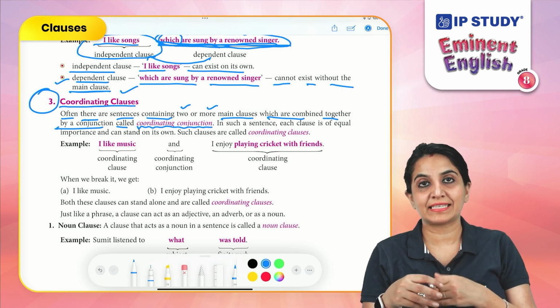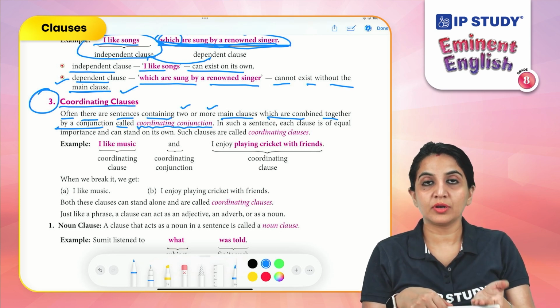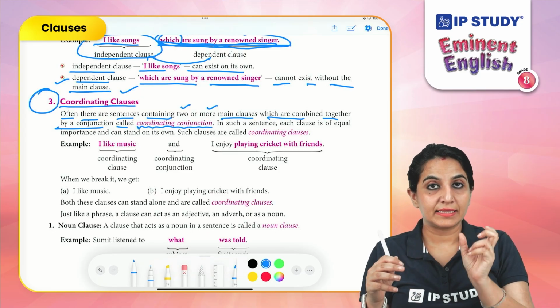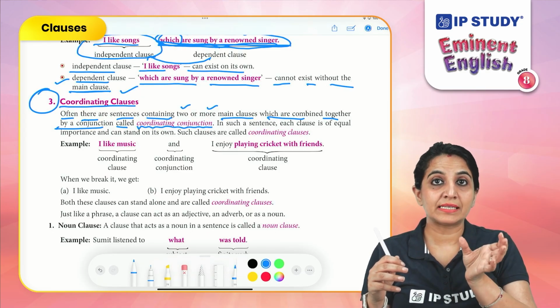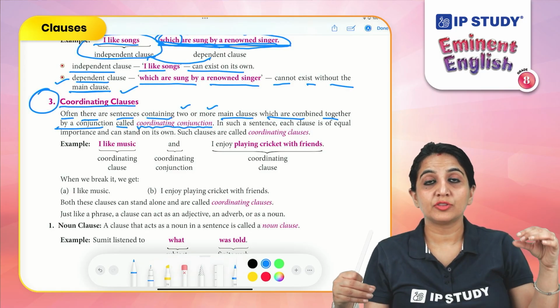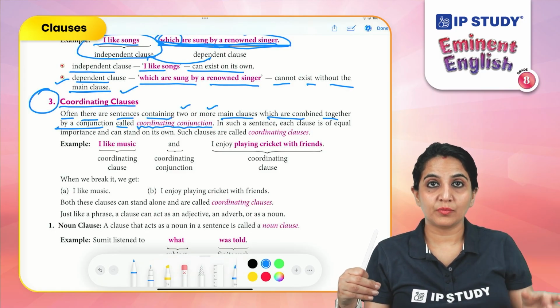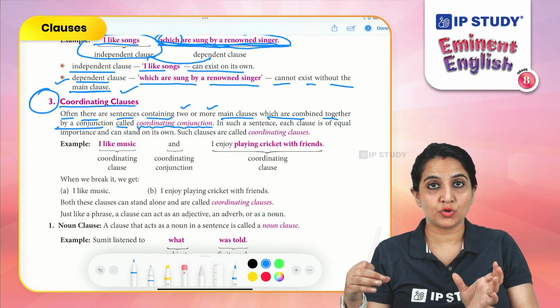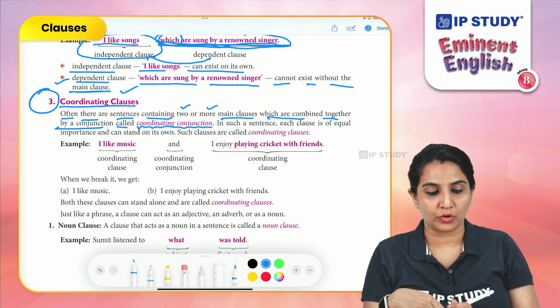Just like an example, she has a book, she reads it daily. She has a book which she reads daily. The word which has joined the two sentences which can exist on their own. They have been joined by this coordinating word.